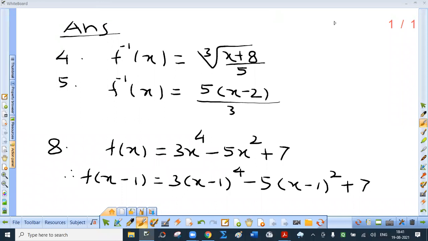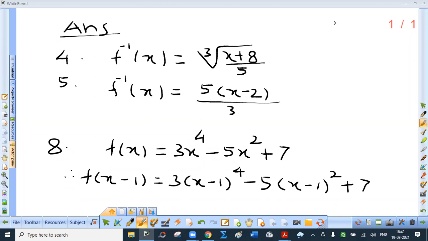Now sum number 8. If f of x equal to 3x raised to 4 minus 5x square plus 7, find out f of x minus 1. Actually, to get f of x minus 1, you have to replace every x by x minus 1. I hope you will not say 3x raised to 4 minus 1. No. Previously, it was 3 times x raised to 4.